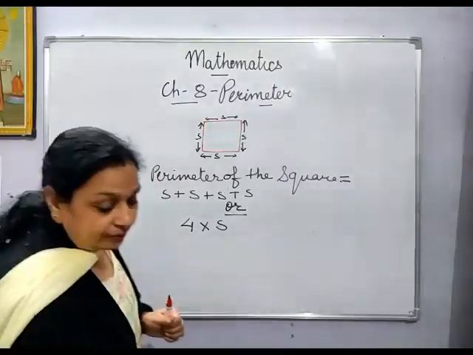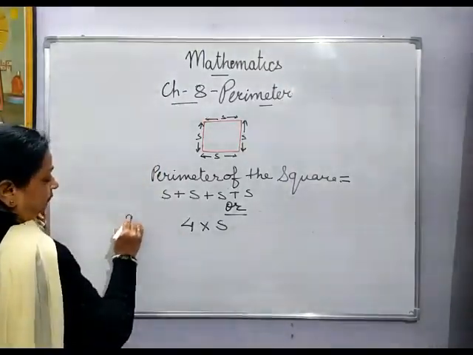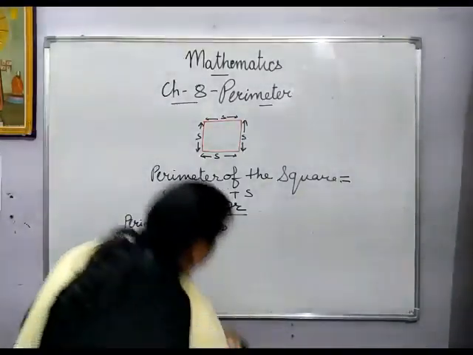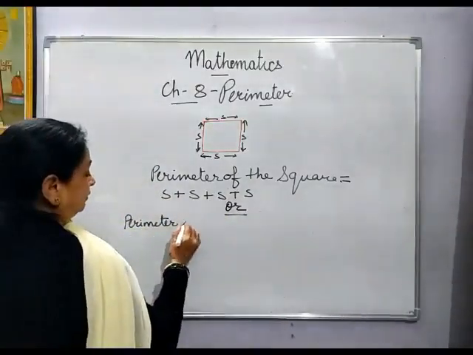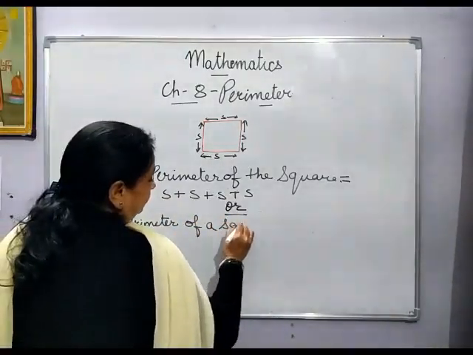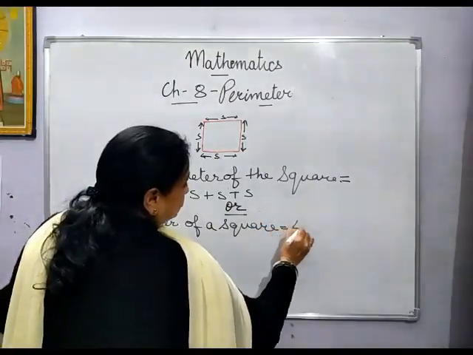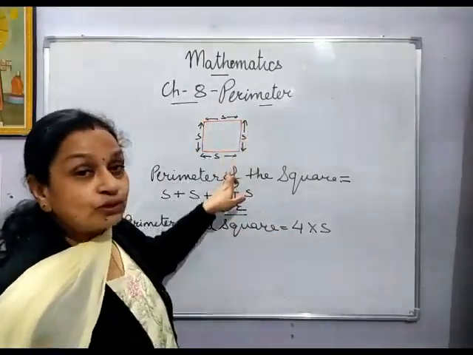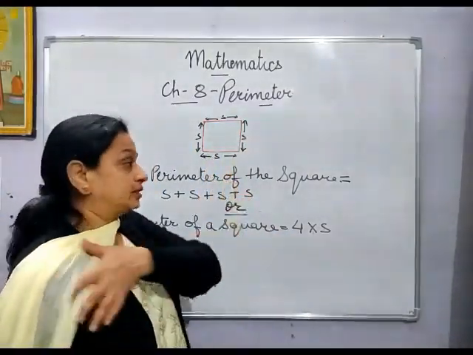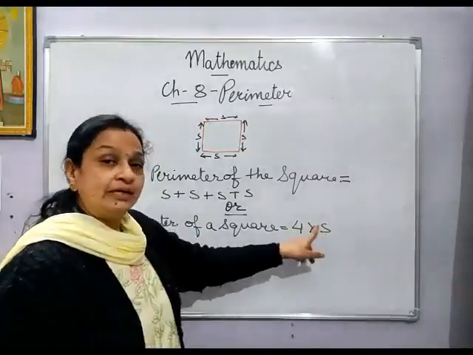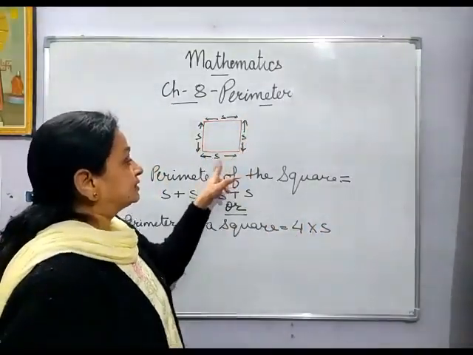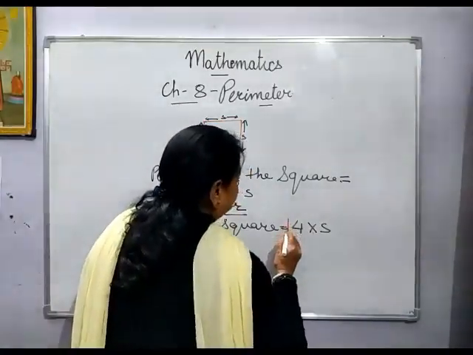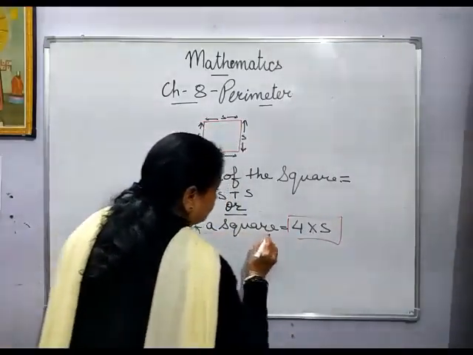So the perimeter of a square is equal to 4 into S. Where has this 4 come from? It has come from the 4 sides, which are equal in a square. If you multiply one side's measurement by 4, you get the exact total measure. So this is the formula which you have to learn for the square.